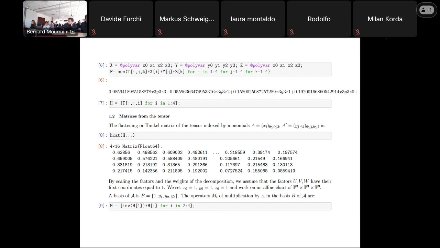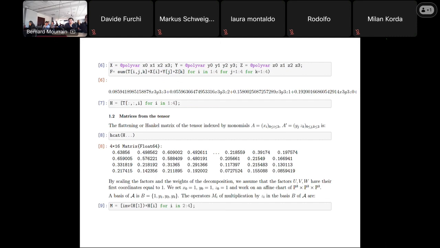We can check that the first block is invertible, and we have a basis which is formed by the monomials indexing the columns which are here: 1, y1, y2, y3. And so the multiplication by zi: when we shift this block by 1, it's like we multiply by z1.